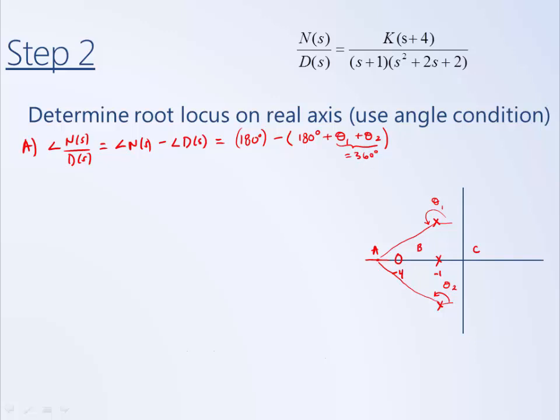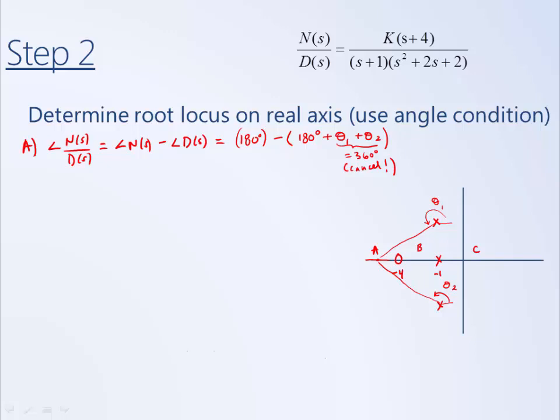Okay. And since adding 360 degrees to an angle basically takes us back to the same angle, to the same location, we can disregard these conjugate poles that are off of the real axis, because their angles will always sum to 360. In essence, they always cancel. So we don't have to explicitly take them into account.